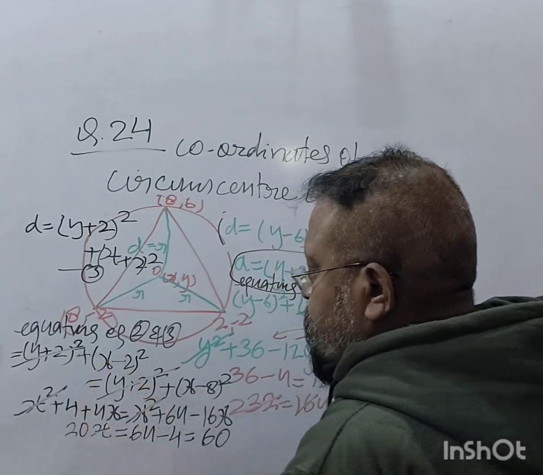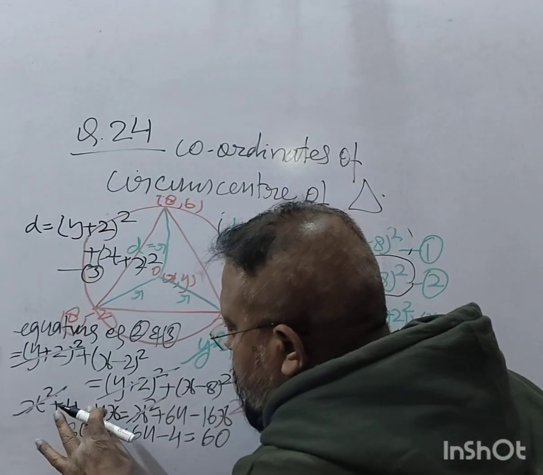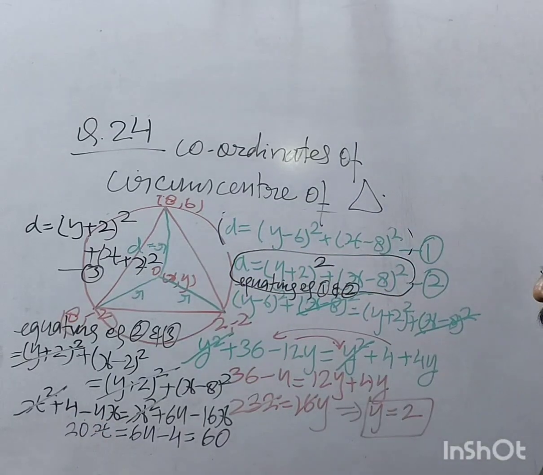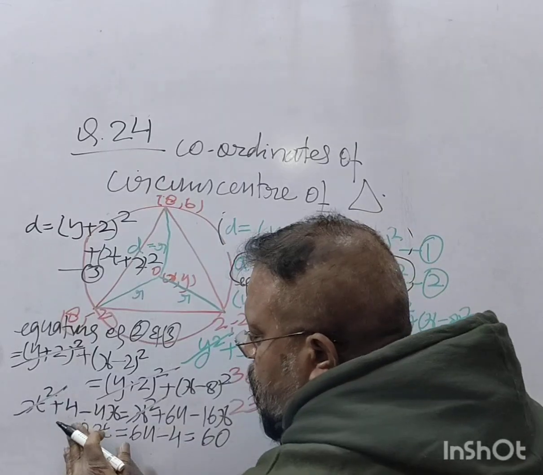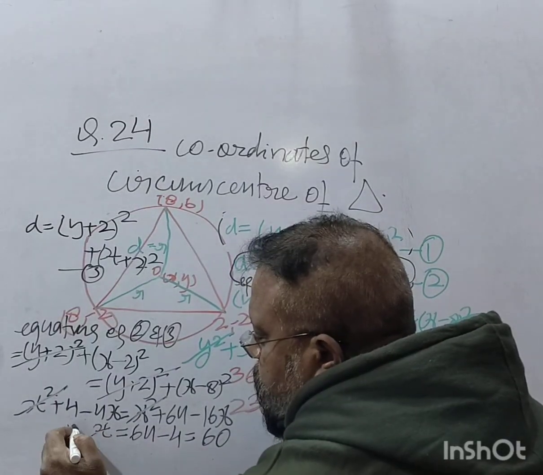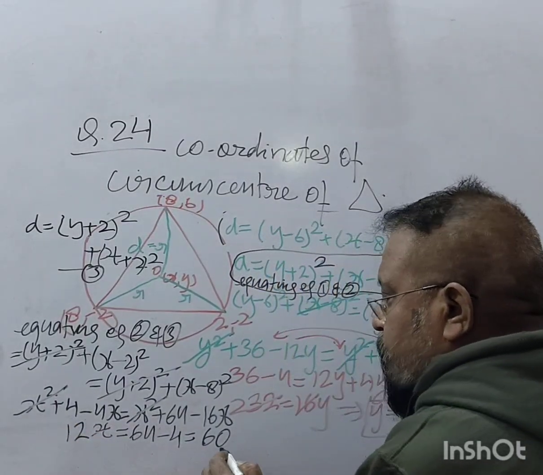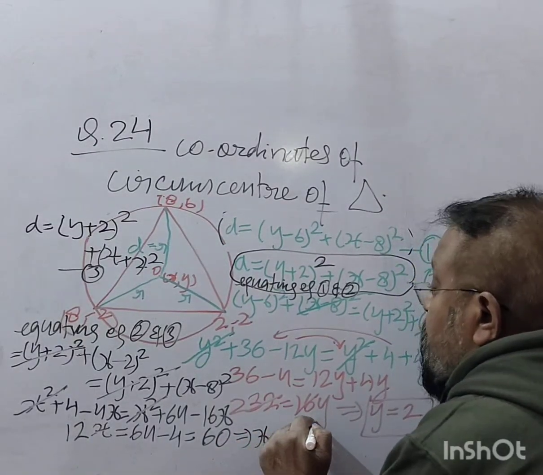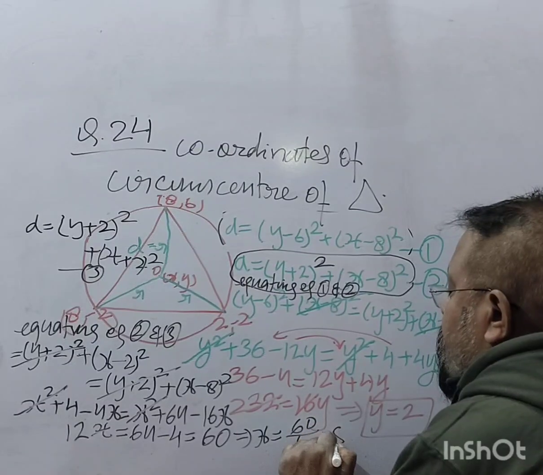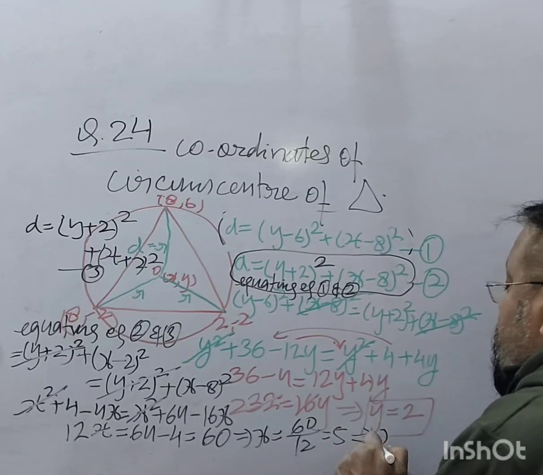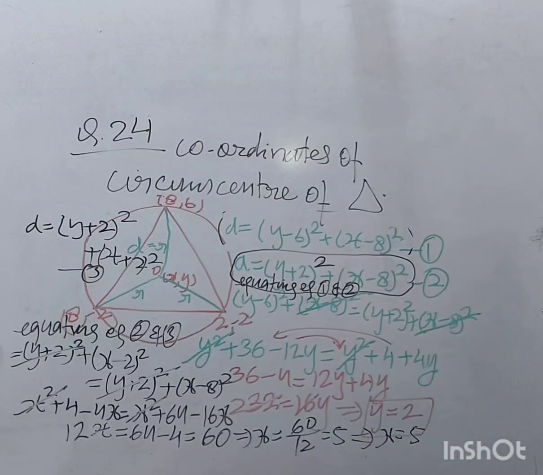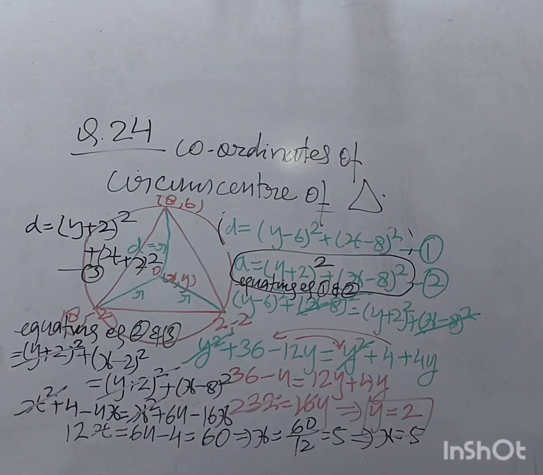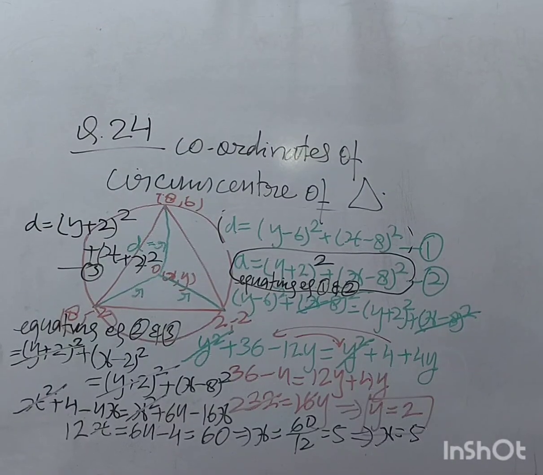When this is x minus 2 whole square, it becomes minus 4x here, and when it comes over here, it becomes 12x. And when this becomes 12x, x is equal to 60 by 12 is equal to 5. So you get x is equal to 5. Right? Do you understand what I said?